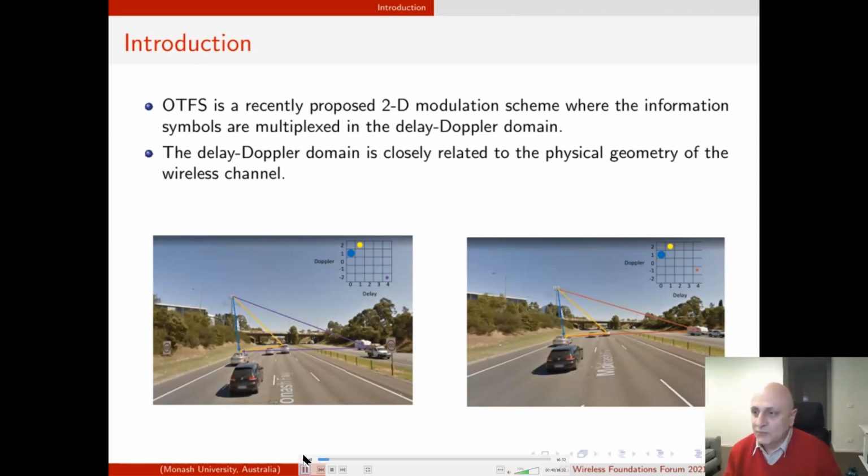If you look at these two pictures, you can see the multiple paths connecting a base station to this gray car, and each path has a different length, but is also affected by different Doppler shifts due to the moving scatterers in the scene. So the delay-Doppler plane will represent the different delay and Doppler shifts of each path.